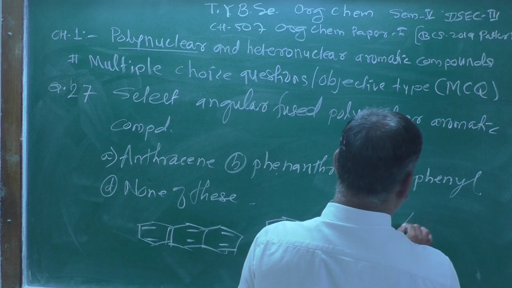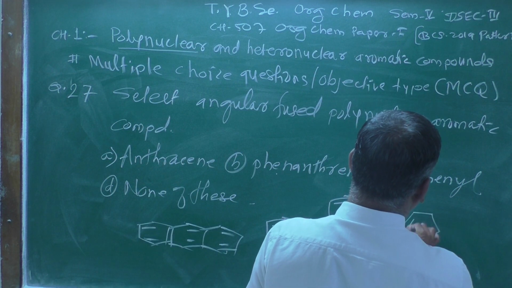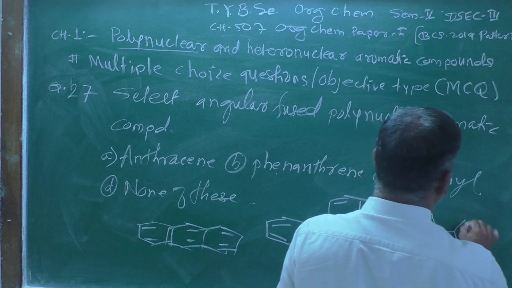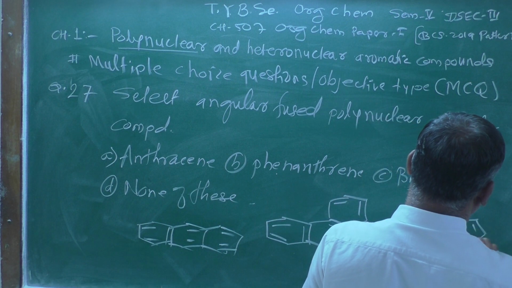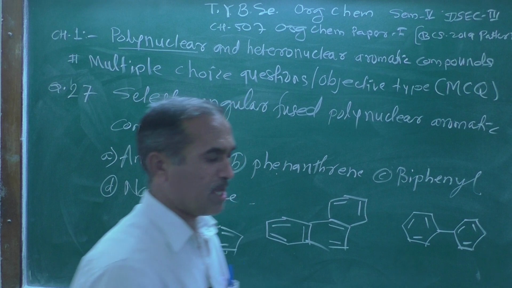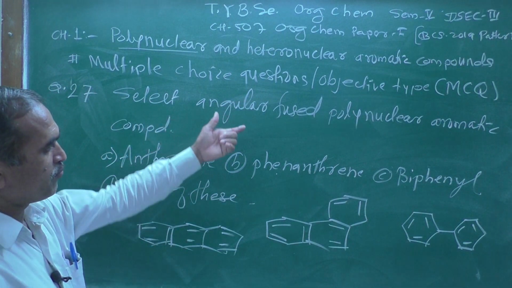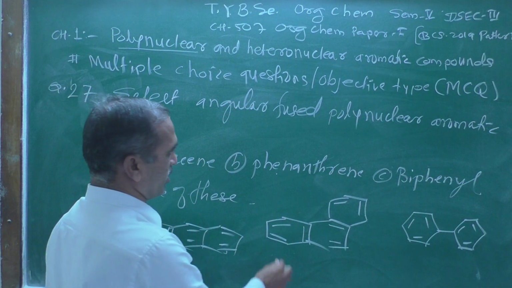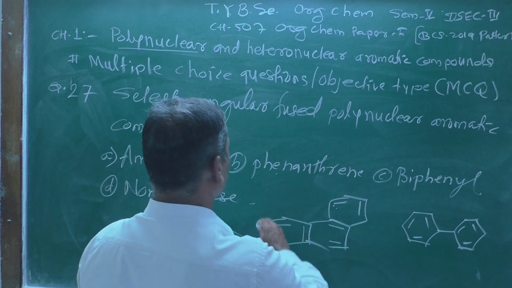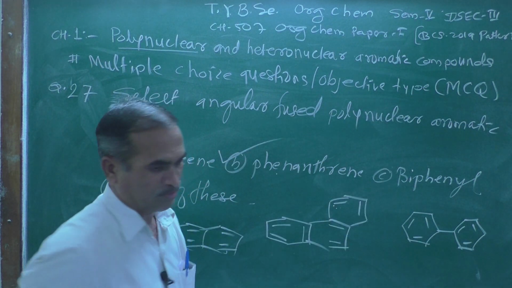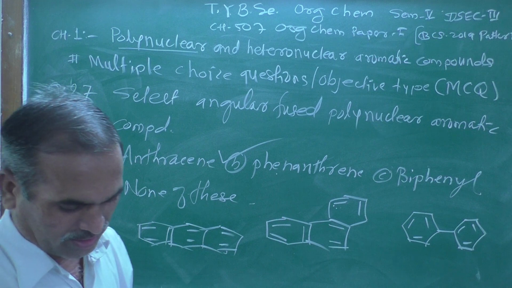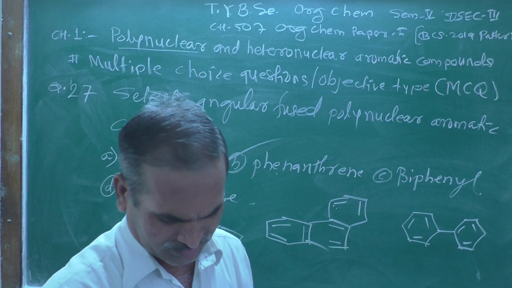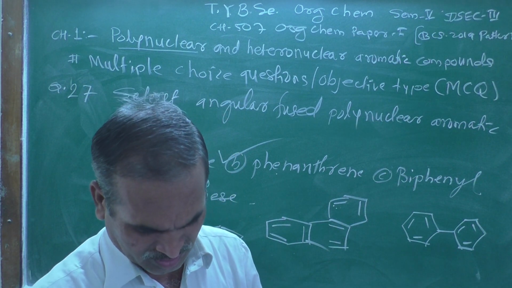And in biphenyl, the 2 benzene rings are separated by one single bond. So for angular fusion, where 3 benzene rings are fused but one is like this, B is the correct answer.